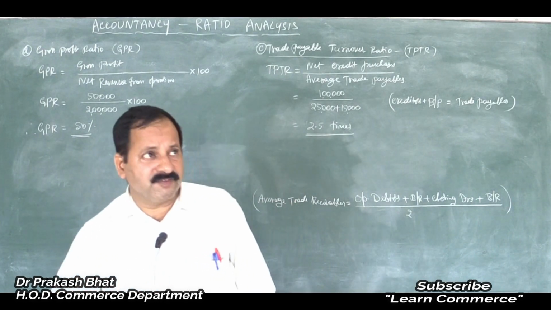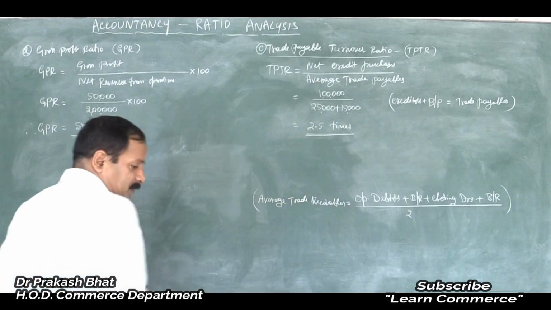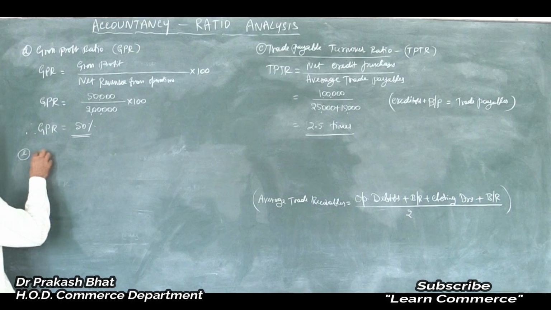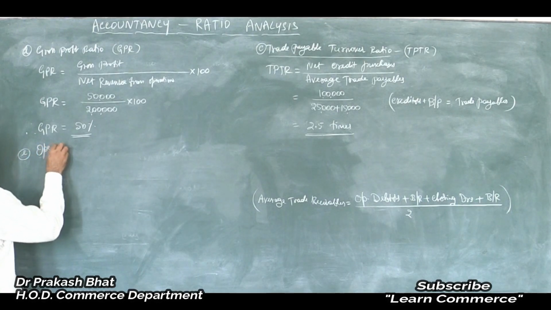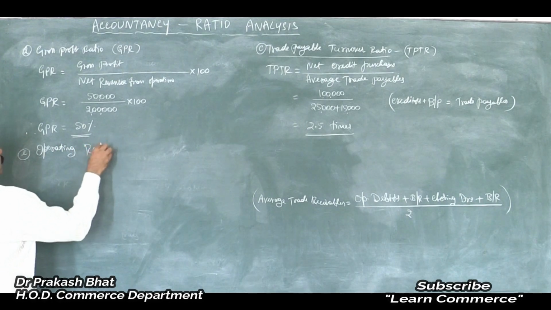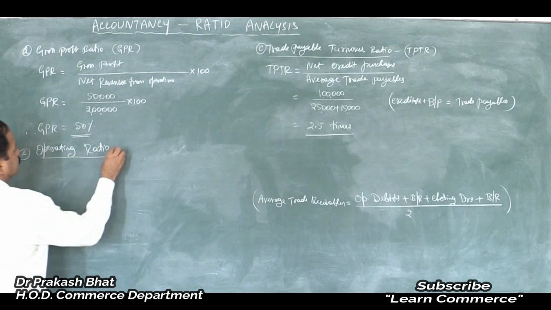Then, operating ratio was asked, right? Operating ratio, let us calculate. Point E, operating ratio. That is OR.